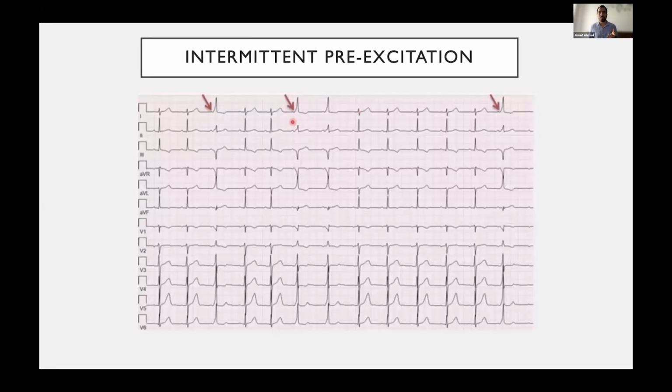It has been found that this is associated with very low sudden cardiac death risk. However, there are again some controversial studies which found that this may not be a true indicator of low risk, but practically, in the society guidelines, we assume that intermittent pre-excitation is basically low risk for sudden cardiac death.